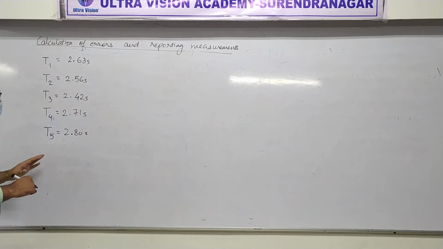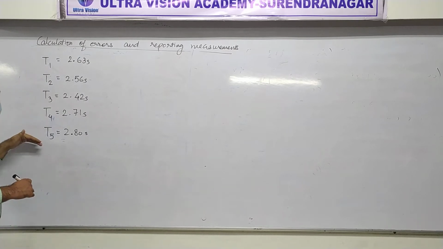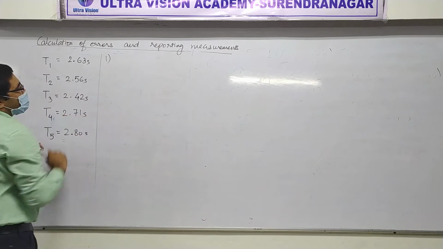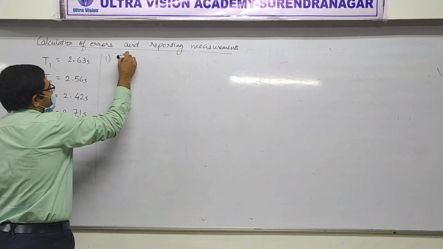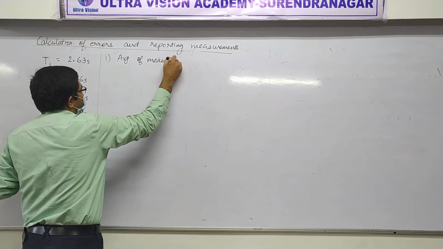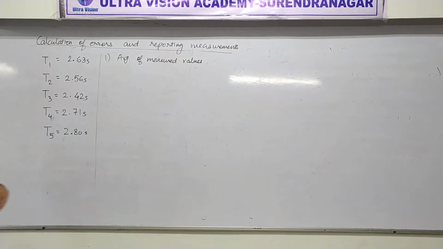So the first thing that we have to do is, based on these 5 observations or 5 measurements, first of all find out the average of the measured values. That's the first thing that we must do after making all the measurements.